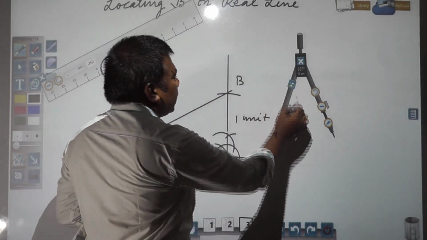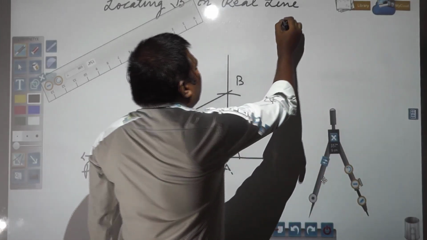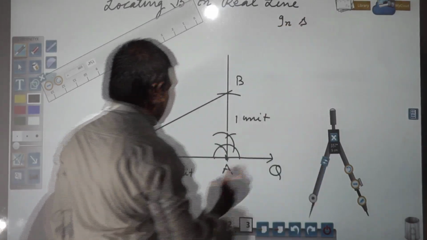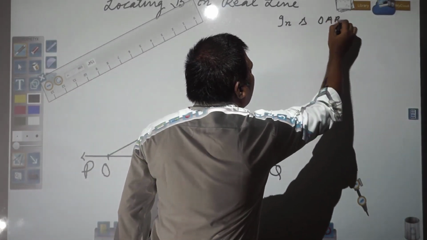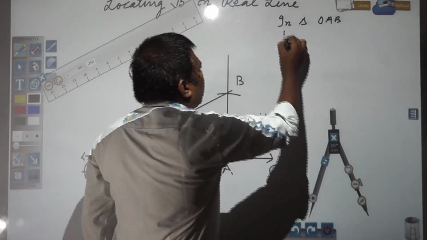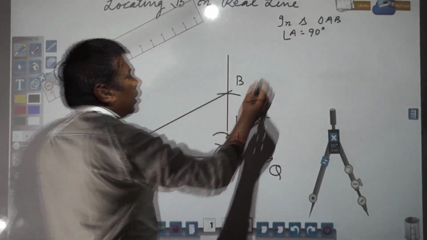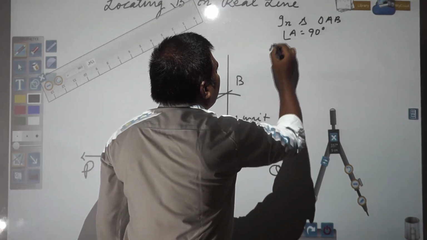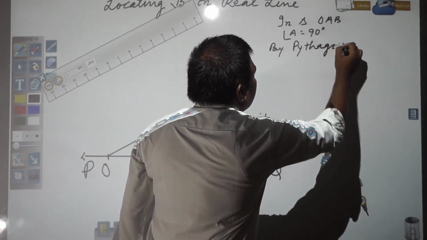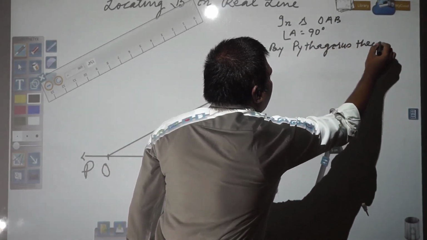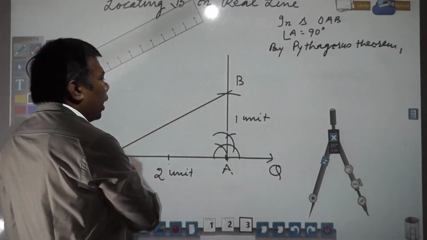So again we will write the same thing. In triangle OAB, angle A is equal to 90 degree, it is a right angle triangle, and therefore by Pythagoras theorem, what we can write?